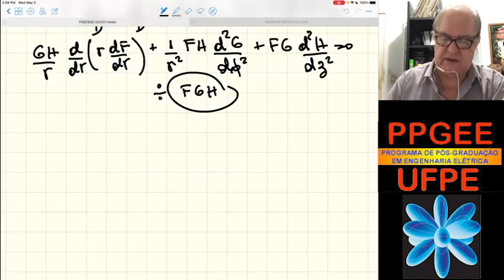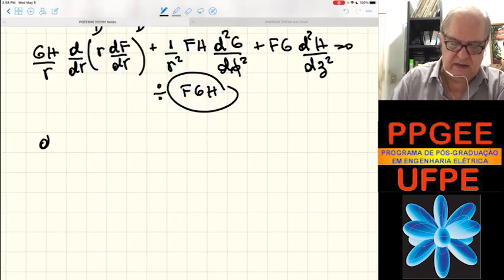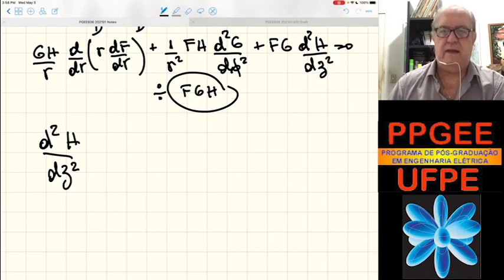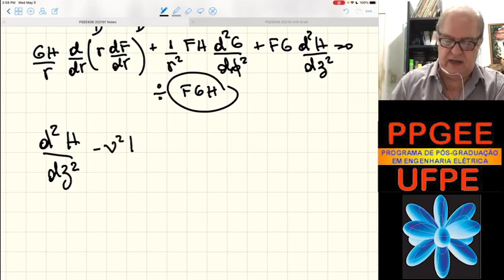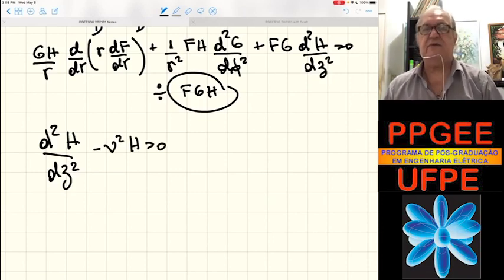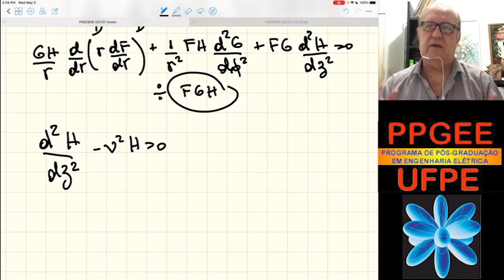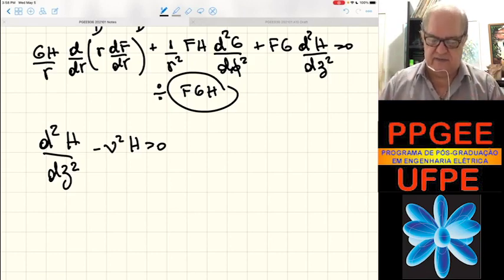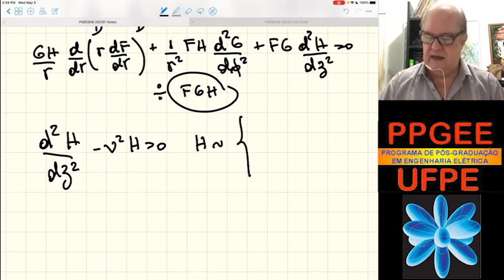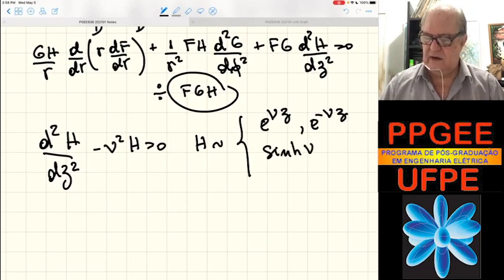We're going to get the differential equation that we are familiar with, d²H/dz² minus nu squared H equals 0. And this type of equation has solutions for real nu, real exponentials or hyperbolic functions. So we can say that H is a linear combination of exponential of nu z or minus nu z, or sinh nu z or cosh nu z.